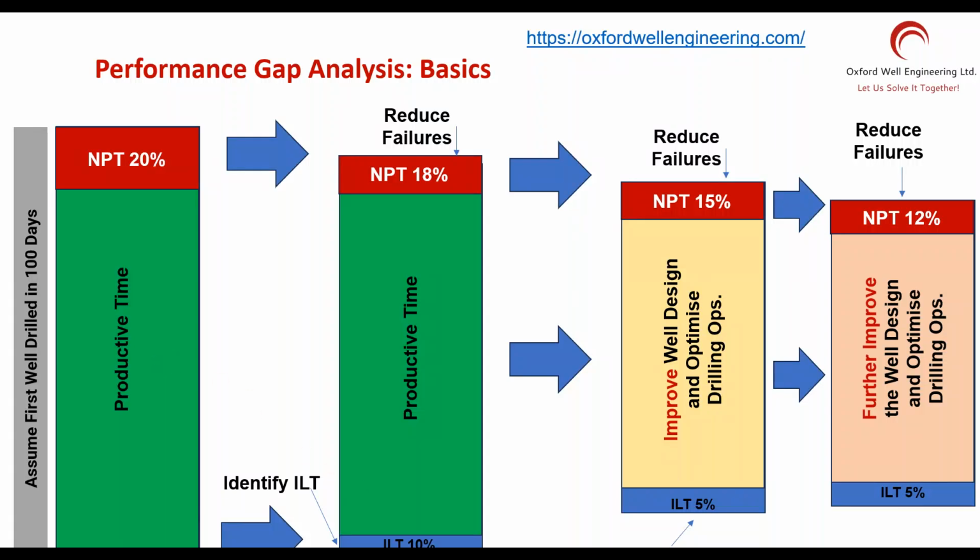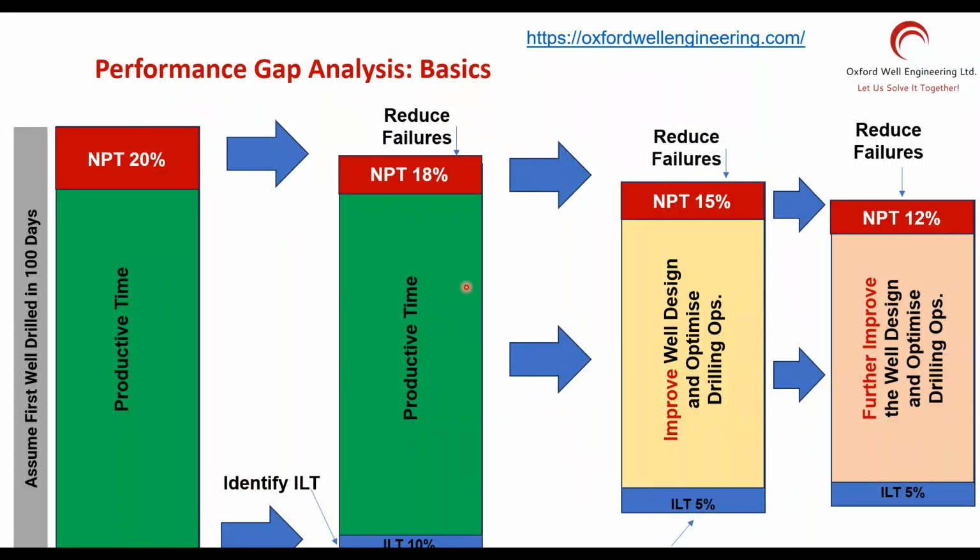Then a part of the productive time will come out to be ILT, invisible lost time. It could be 10%, it could be 20% of the rig time. If you are really in bad shape, it could be 30%. On the deep water rigs, in the very expensive wells, it's only 2 or 3%. But for geothermal, you'll be surprised. It's most of the time 10% or more.